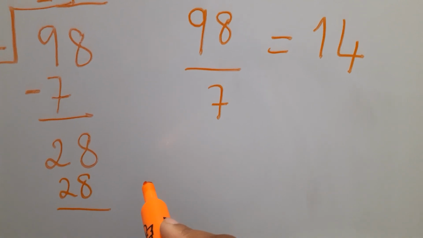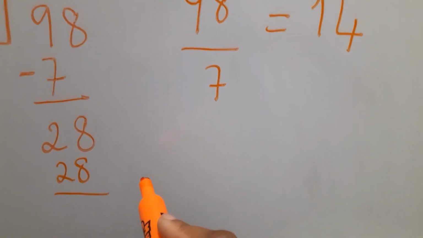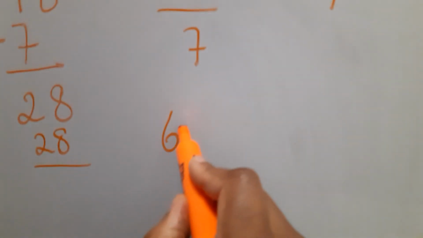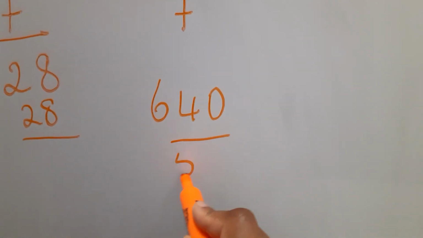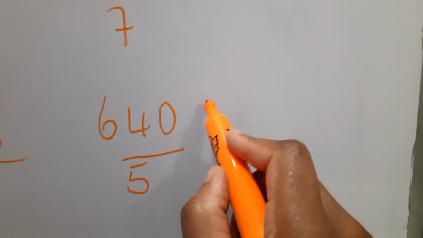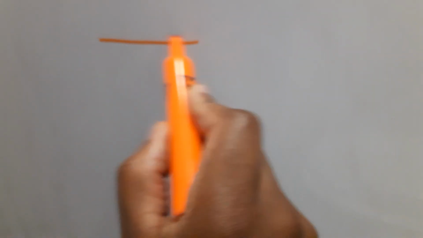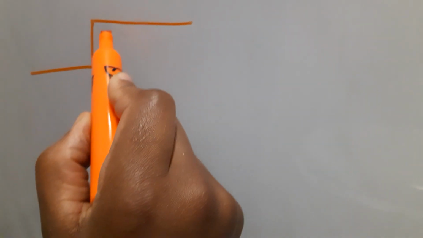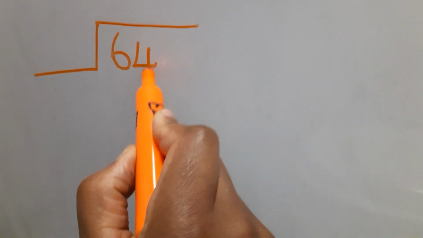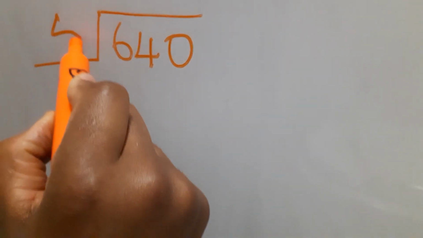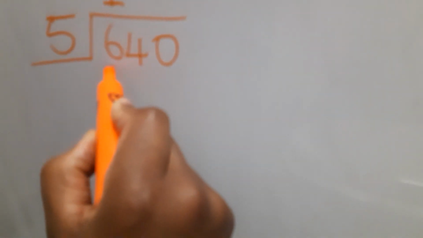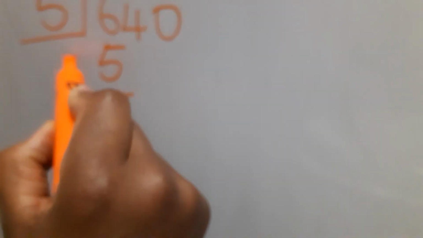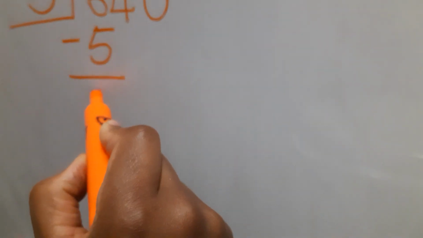Let's quickly take another example, and this example will be 640 divided by 5. Again, using our long division method, we're going to have 640 and 5 here. 6 divided by 5 is 1. 5. 6 take away 5 is 1.